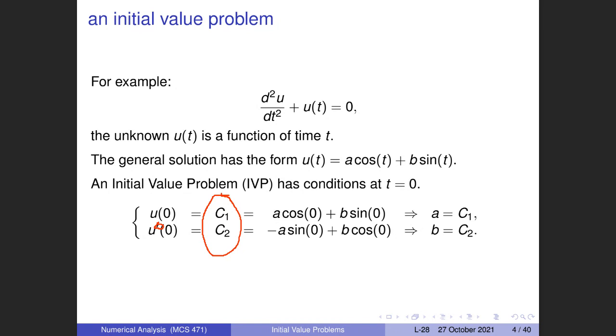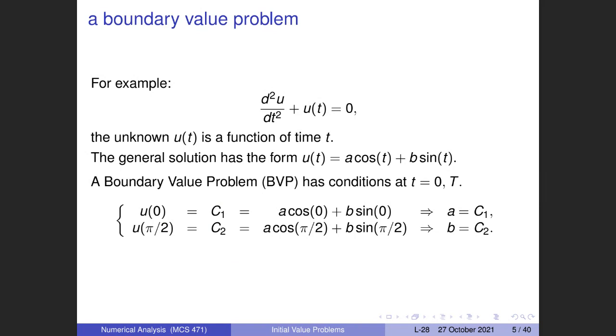The A is now the initial position, and the B is the initial velocity. So a textbook example has a very nice analytic solution. That's the ordinary differential equation seen as an initial value problem. With these two constants, C1 and C2, there is a unique solution.